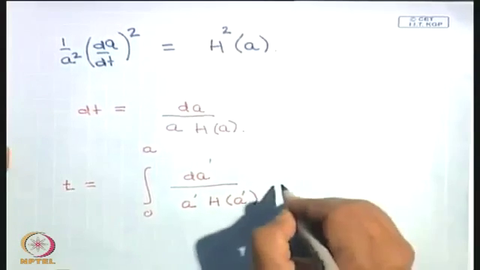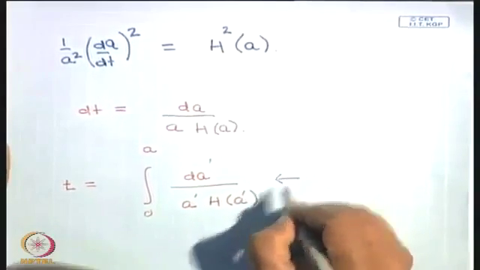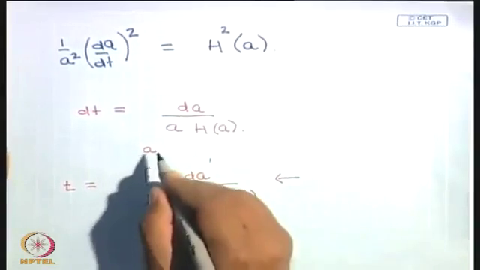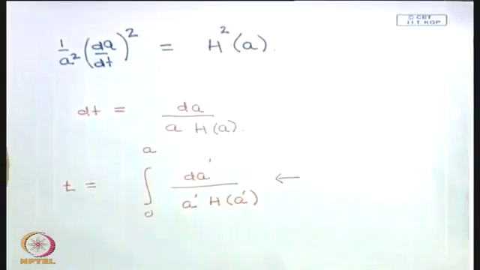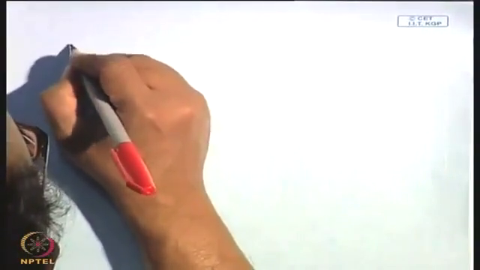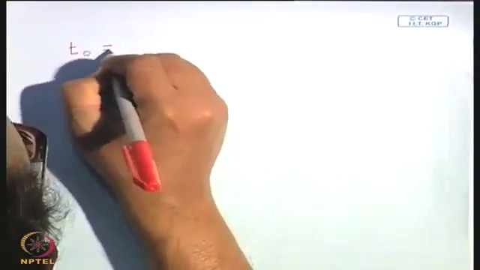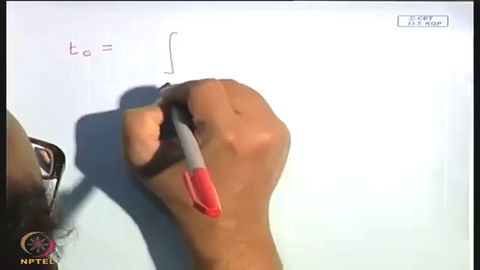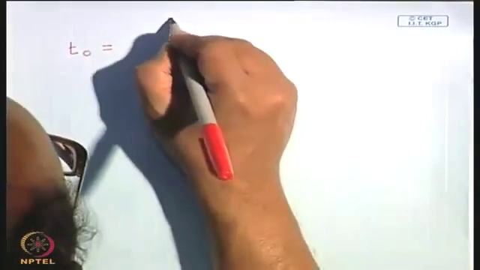Okay. This equation also gives you the age of the universe for any value of the scale factor, and the present age of the universe can be determined from this equation. t naught is equal to the integral from 0 to 1, since the present value of the scale factor is 1.